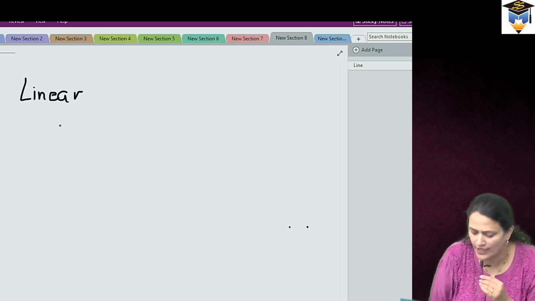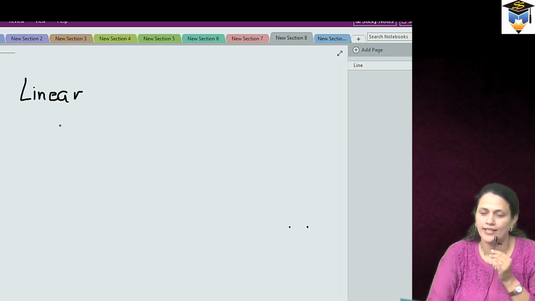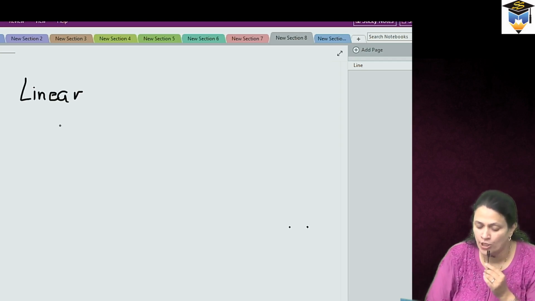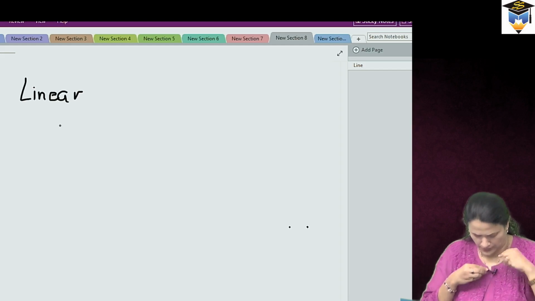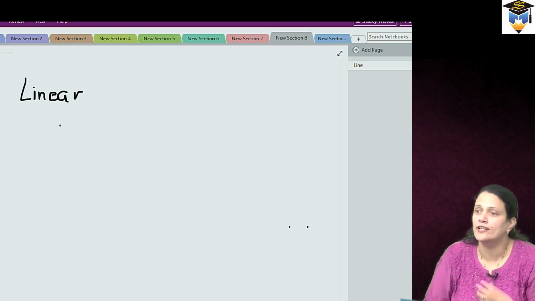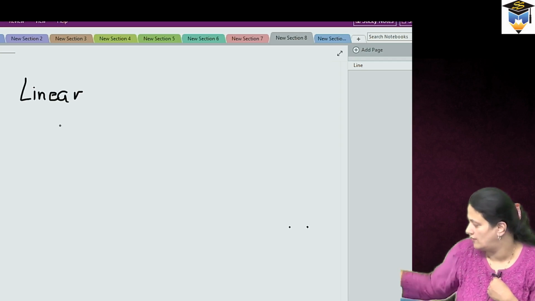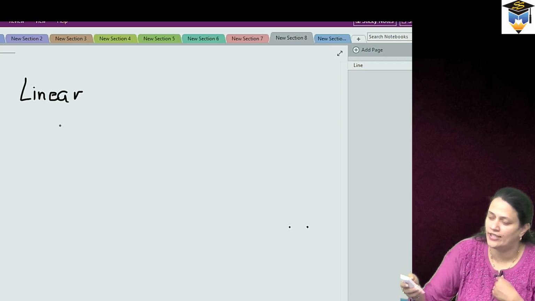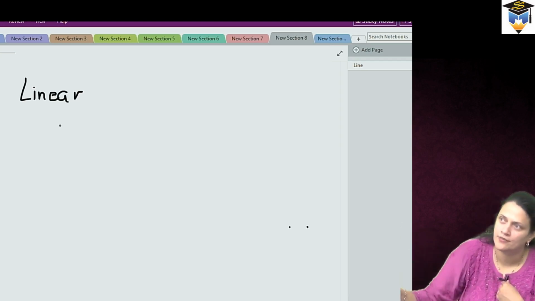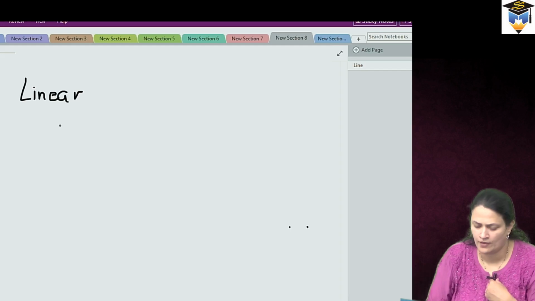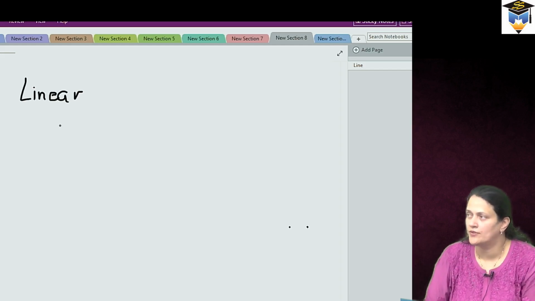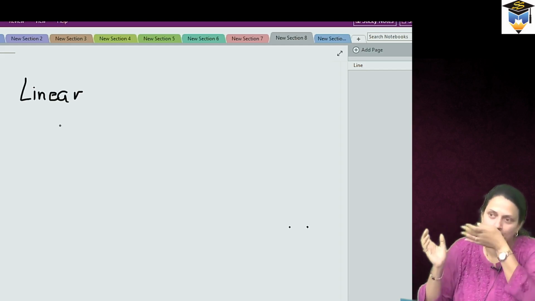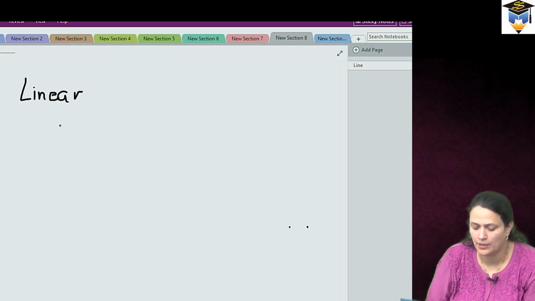When direction of the face is not clear, write down, give the heading, linear arrangements. When direction of face is not clear, then we take ourselves as below.